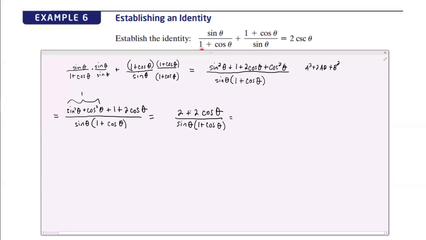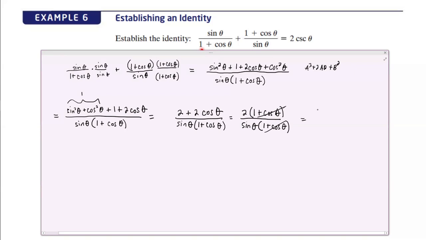I'm going to factor the 2 out. That'll be 1 plus cosine theta. That's also what I have down here. Okay, so we'll get to divide that into itself, and that leaves us with 2 over sine theta.